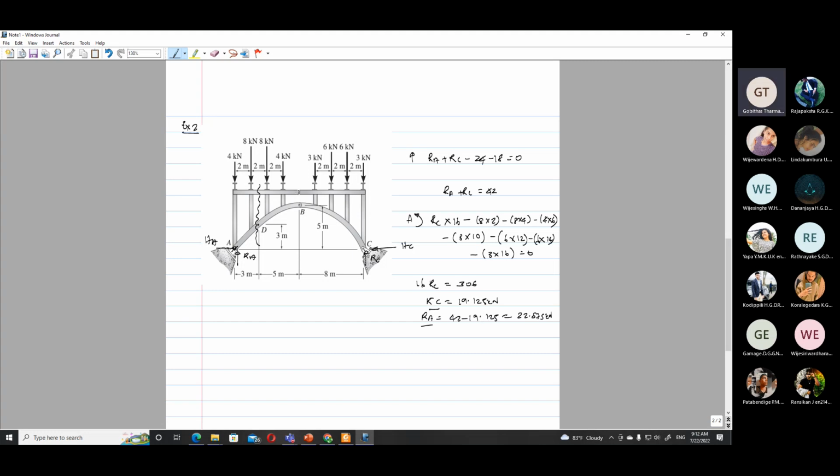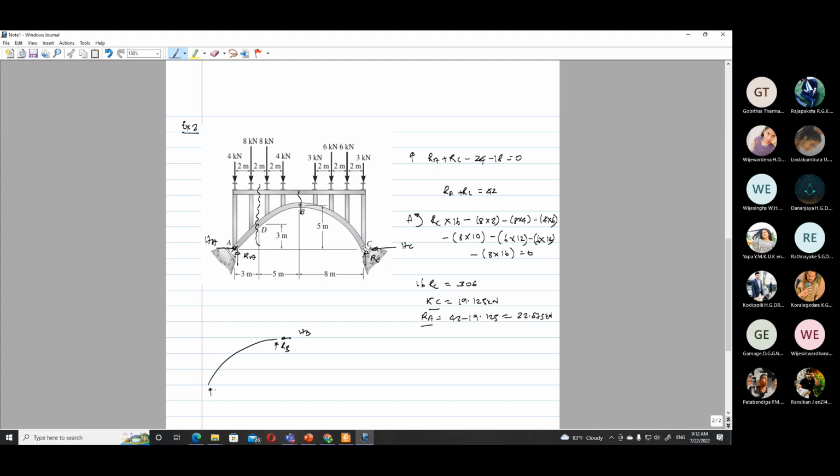Now, if I cut it here, I can find RB and HB as well. Once I find RB and HB, I can find HA. In order to find HA, I need to cut it here and take a moment from point B. So if I cut it like that, there is HB, RB.